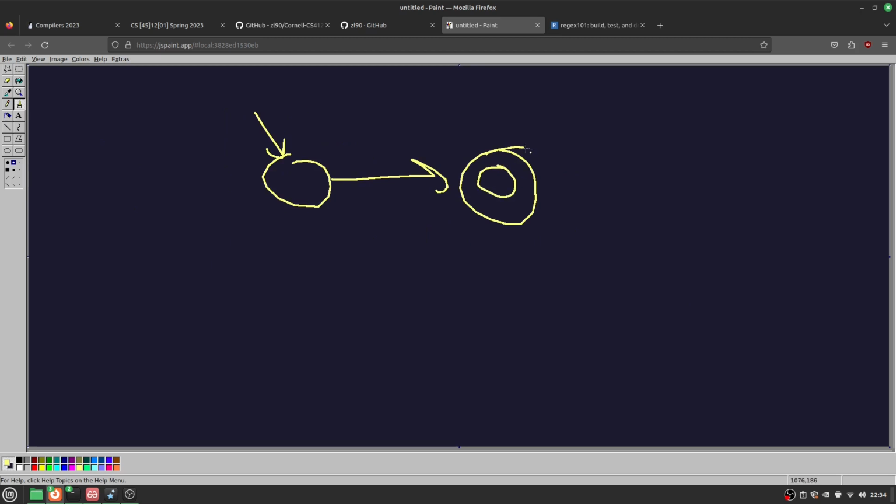Here's our final state, and here's our error state. To get there, use any invalid character. Makes sense. Invalid symbol. That's how you get there. Makes sense. And to get to the final state, you obviously use valid symbols.